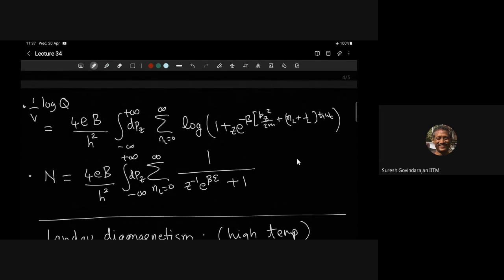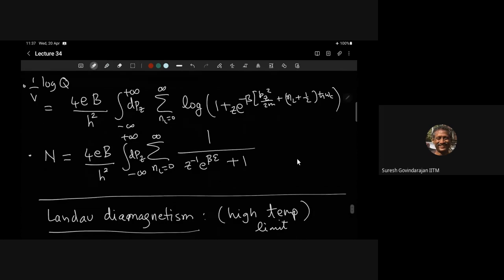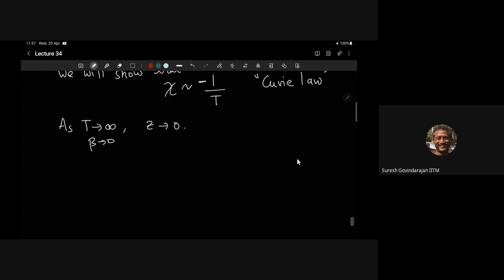So we have 1 plus Z times e to the power of something times the energy, and beta is small. So really Z is the operating thing. So this implies that Z e power minus beta epsilon is small.